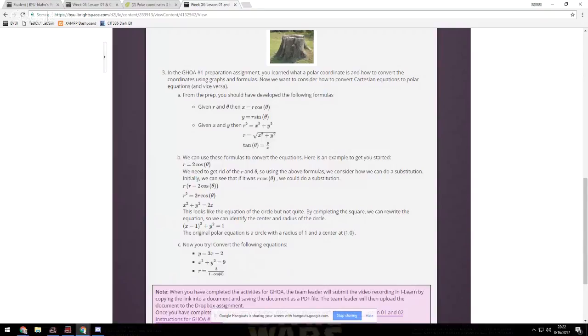Then I proceeded to square both sides to get rid of the square root, which gives you x squared plus 6x plus 9 equals x squared plus y squared. And then from there, you subtract the x squared, leaving you with y squared equals 6x plus 9.